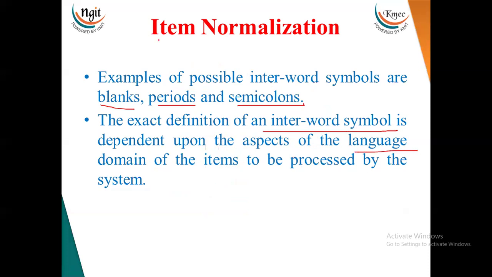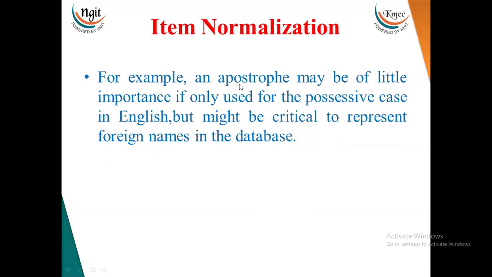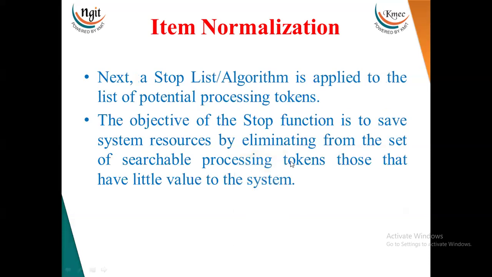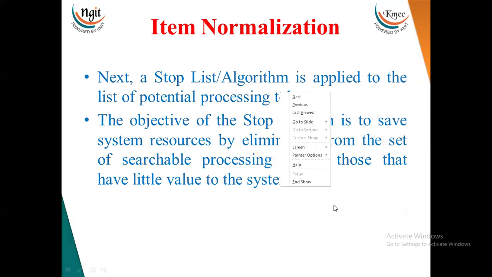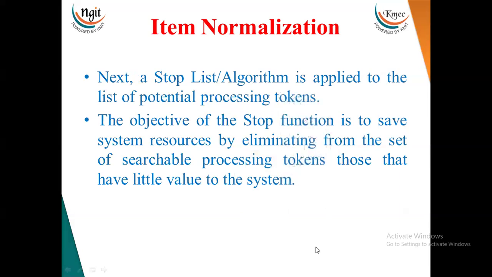But when doing the item normalization itself, we will remove all the stop words, all those things. Similarly, for example, an apostrophe: if you have an apostrophe, you can also remove that. So this is one example in order to represent the foreign data names. So I'm stopping here. We'll discuss in the next session.